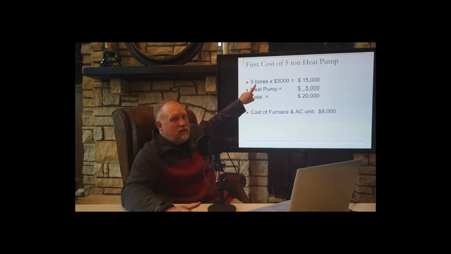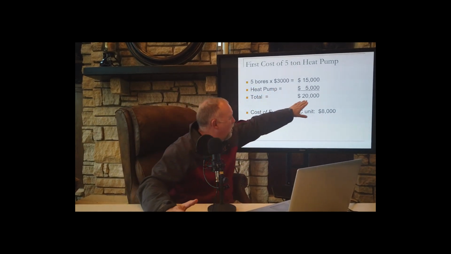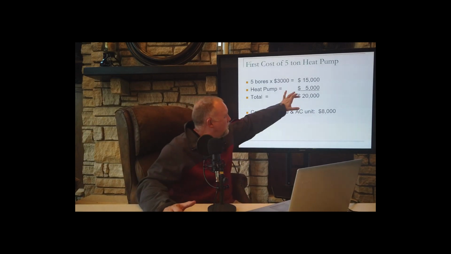But the super expensive part is this. If you had to drill 5 wells or put in 5 bores in a bore field at $3,000 each, your total incremental cost is now $20,000 versus $8,000.